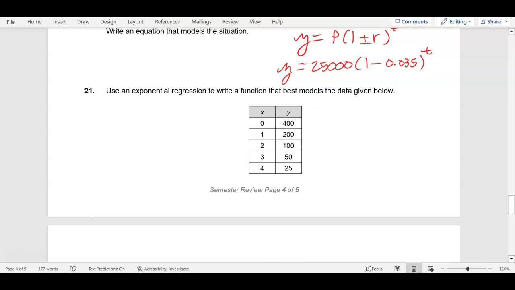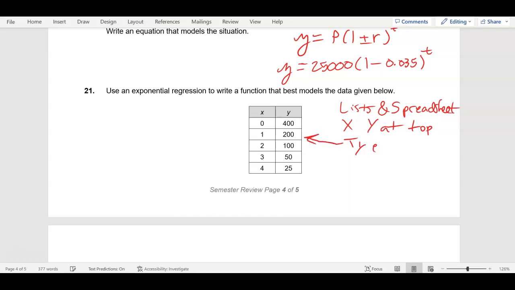Use an exponential regression to write a function. So when we go to lists and spreadsheets in your calculator, I cannot pull it up on here, unfortunately. So you go in there, X and Y at the top, you type this in, and then you do menu, 4, 1, A, right?